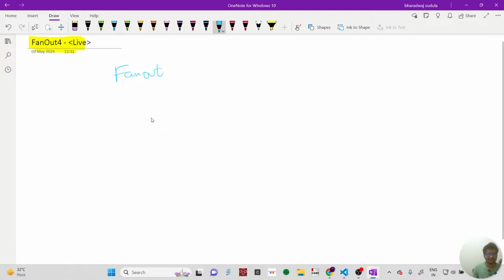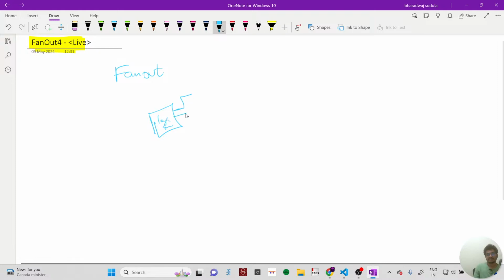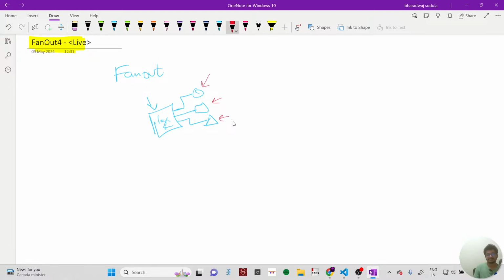If you have a logic gate, it can be described in a way such that it can drive a certain number of gates effectively. Effectively in the sense that each and every gate has its own gate cap, right?